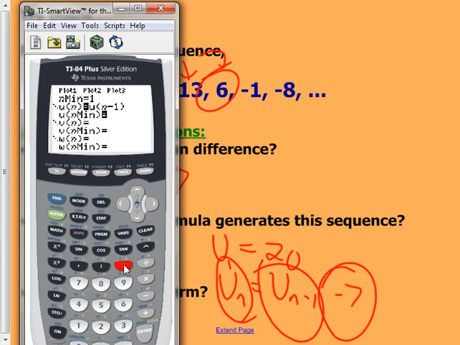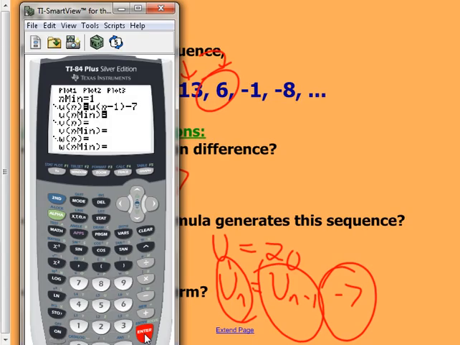U sub n minus 1. The n was on the x key. It's right to the right of the green alpha key. It's the x key. But when you're in sequence mode, it uses an n there. All right? Now I got to tell it what to do. Well, for this sequence, it goes down 7 each time, so I go minus 7. Minus 7. Enter.